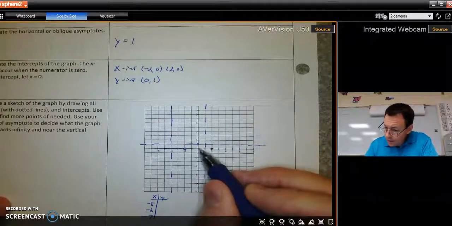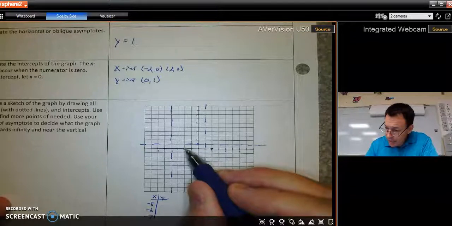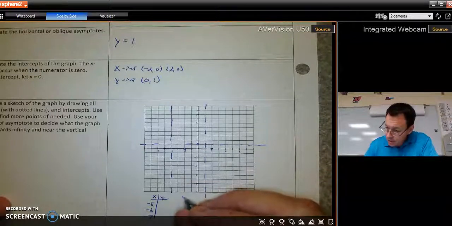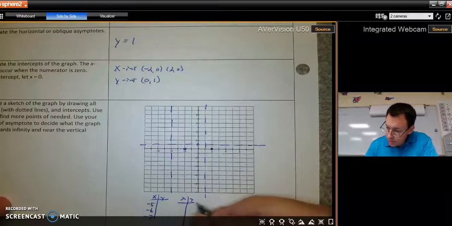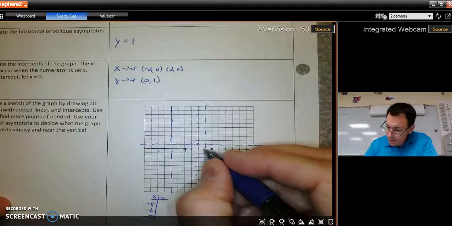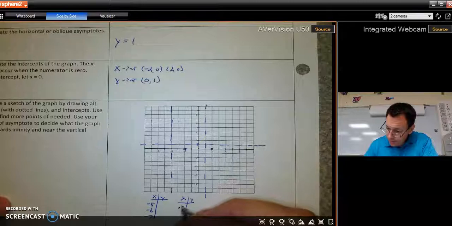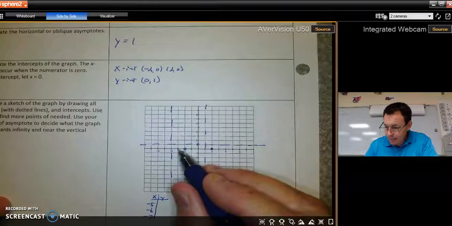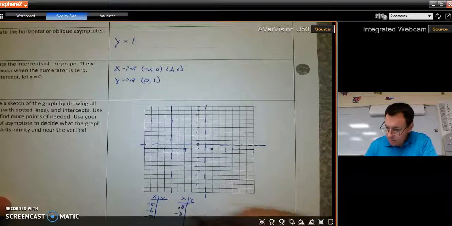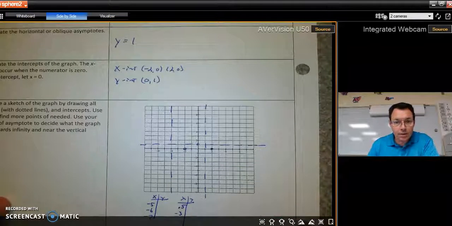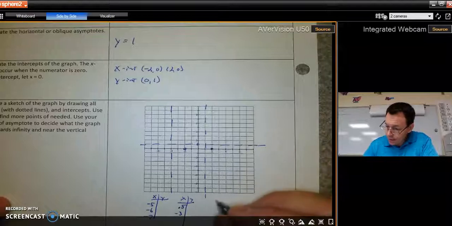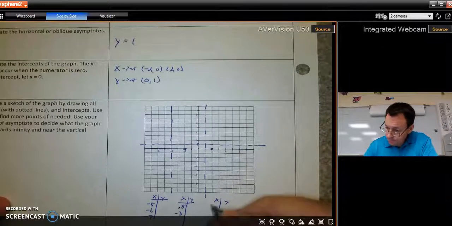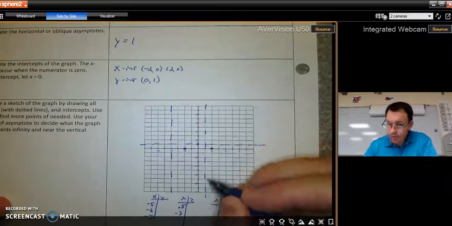I know what happens when x equals 0, I know what happens when x equals -2, but I could do a little t-chart to figure out maybe what happens right here at like 0.5. That may be important to me. What happens at -3? I may want to know that as well. And then over here I could do a little t-chart that tells me what happens over here.